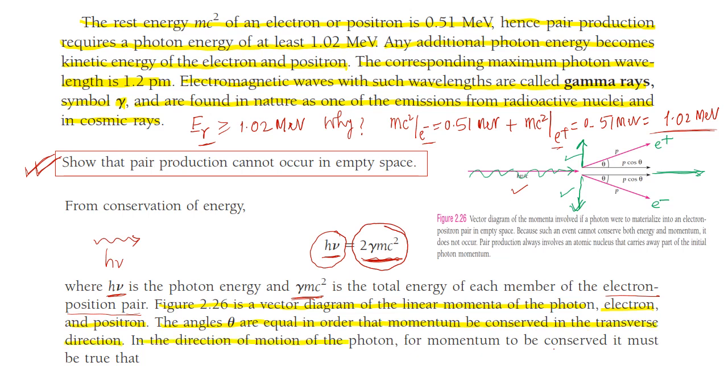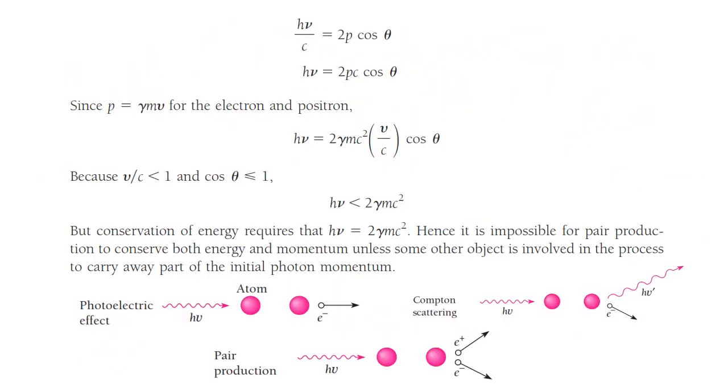In the direction of the motion of the photon, for momentum to be conserved, it must be true that h nu by c equals 2 p cos theta. This h nu is the energy, and h nu by c is the momentum of the photon, which is moving in this direction.